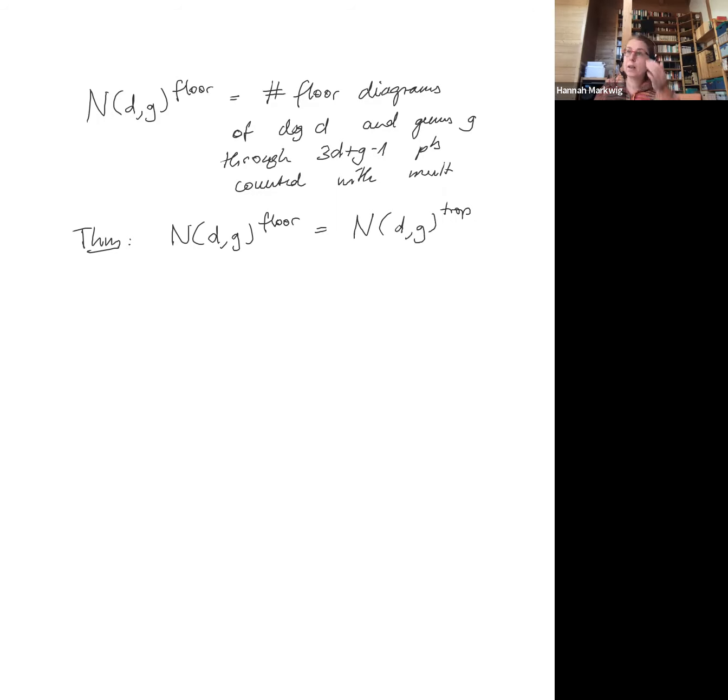And I think we are pretty sure already of why this is true, because there's actually a bijection between floor diagrams. So here are the floor diagrams that we count in our counting problem. And here are the tropical curves through horizontally stretched points. Yeah, let's pick such points.